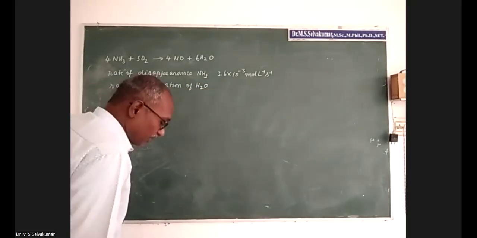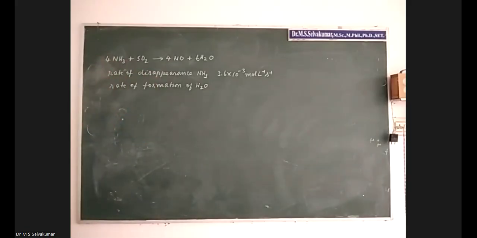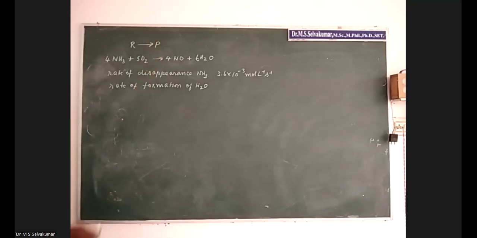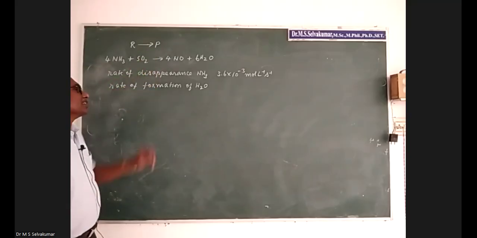So the question is very simple. The reaction is given. Ammonia combines with oxygen to give nitrogen oxide and water. On the reactant side, when the reaction proceeds, ammonia and oxygen will disappear because the reactants are becoming product. As time goes on, the quantity of the reactant will go on decreasing, and the quantity of the product will go on increasing.